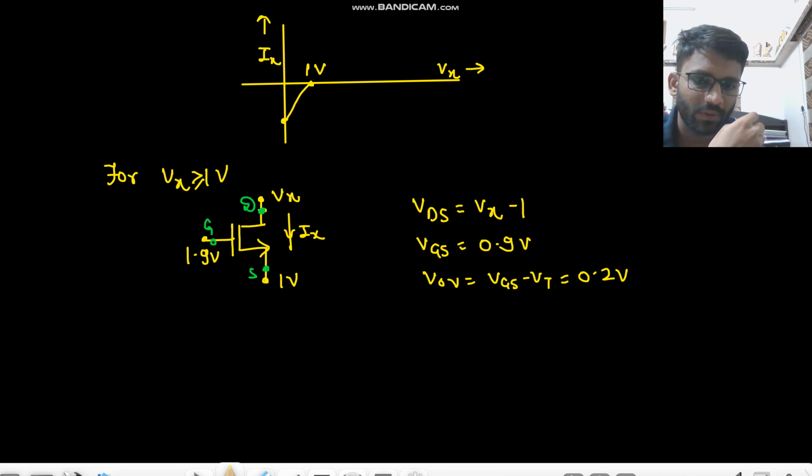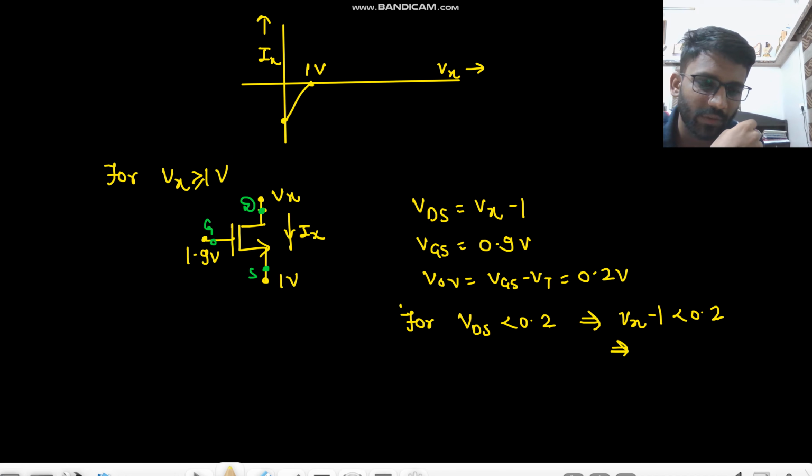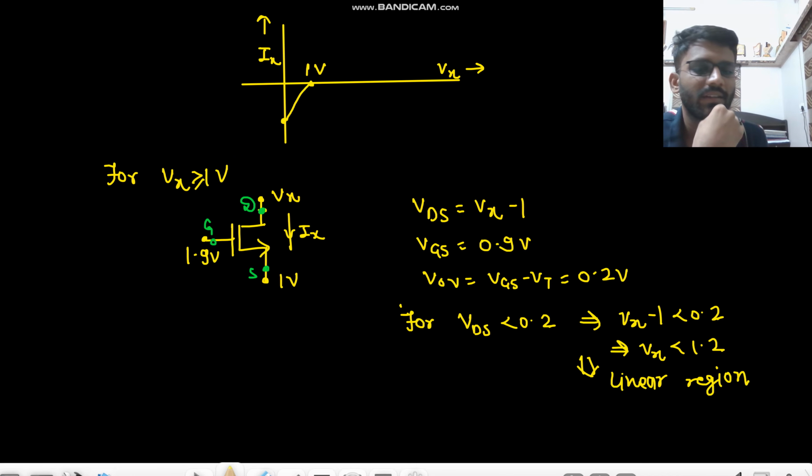So for Vds less than 0.2, that means Vx minus 1 less than 0.2, that means your Vx less than 1.2, this will be the linear region, right? Vds is Vx minus 1, which is less than 0.2, so your Vx will be less than 1.2. So for Vx less than 1.2, we will have the linear region.